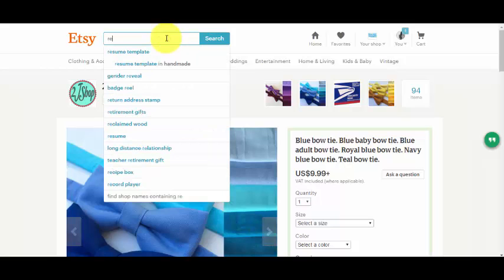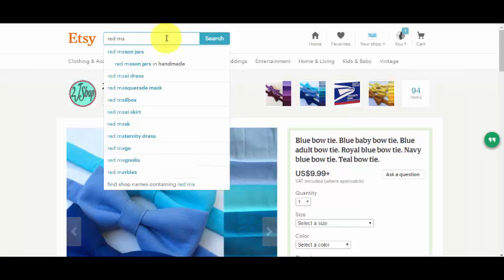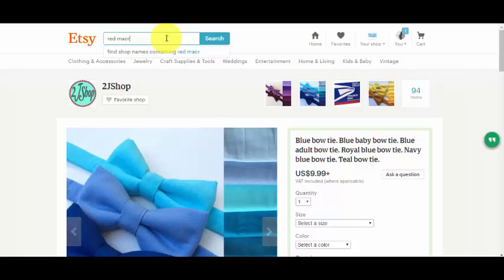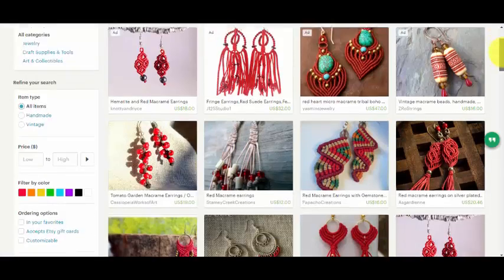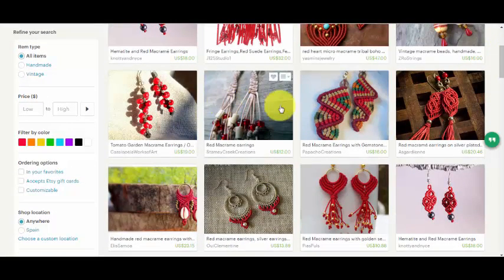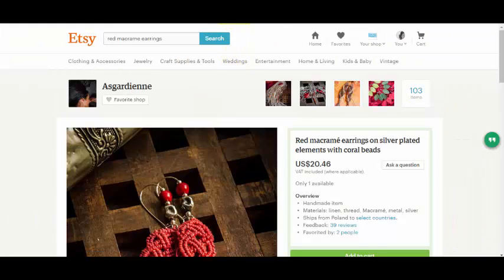Oh, I don't know, red macrame earrings. Is there such a thing? I'm going to be surprised if there are. Okay. So let's click on this one here and let's look.